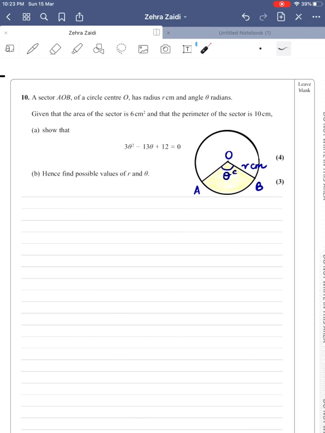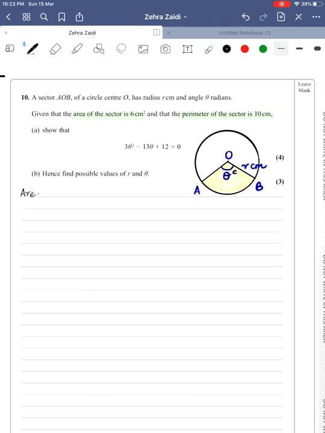In this part of the question, we are provided with two pieces of information. One, the area of the sector is 6 square centimeters, and two, the perimeter of the sector is 10 centimeters. So let's write this down.